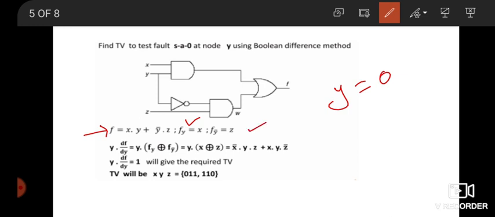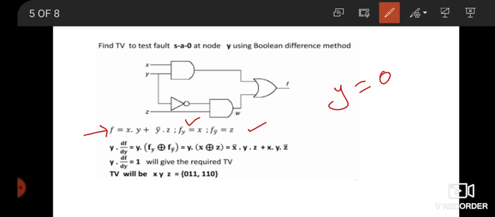Now we found two values, Fy and Fy bar. Why do we want both values? Based on the Boolean difference concept, Fy XOR Fy bar equal to 1. This is our condition of the Boolean difference method.